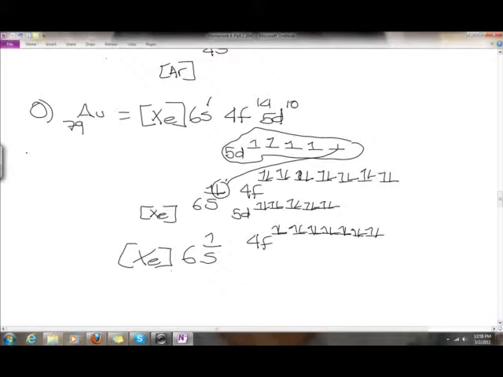If you memorize the exception, that would be perfect. But if you go ahead and do the diagram, as I said, that's why I like it, you would see that this would be the wrong one, because this is the more stable configuration.